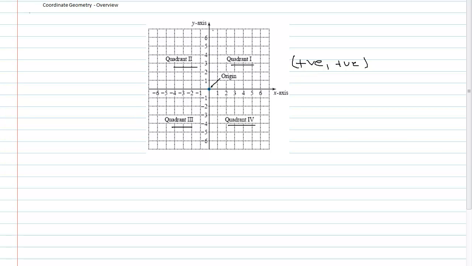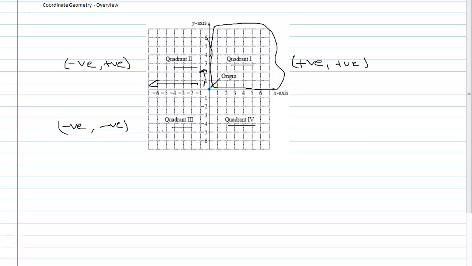So if I pick any number in this quadrant 1, in this area, then both x and y will be positive, just because x is positive in this territory and y is positive in this territory. In quadrant 2, x is negative, and y is positive because we are still above the x-axis. That's the reason y is still positive.